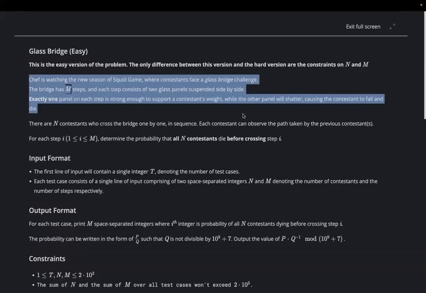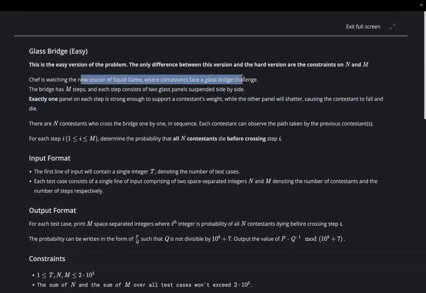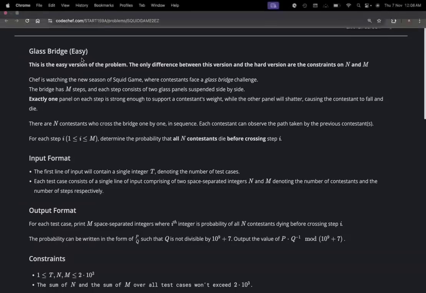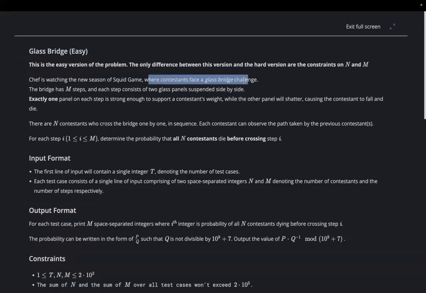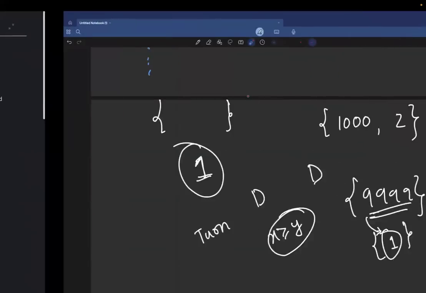So this problem says that chef is watching the new season of Squid Game, where contestants face a glass bridge challenge. The bridge has M steps, and each step consists of two glass panels suspended side by side.